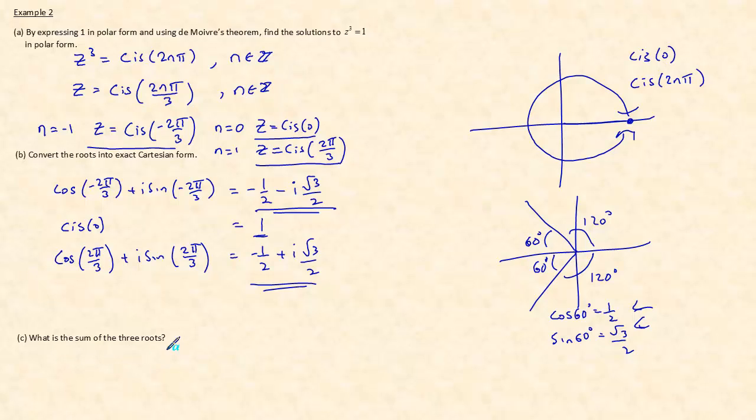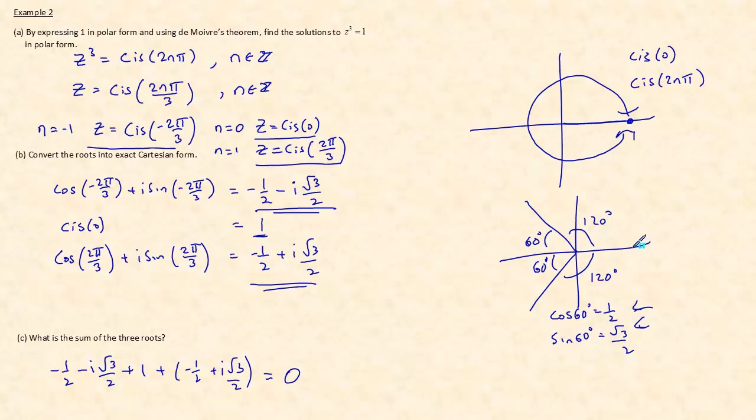What is the sum of the 3 roots? So if we do -1/2, take away i √3/2, add 1, add -1/2 plus i √3/2, then we can see we've got -1/2, add 1, take away 1/2, so that's 0, and the imaginary parts also cancel, so it's going to give us 0.